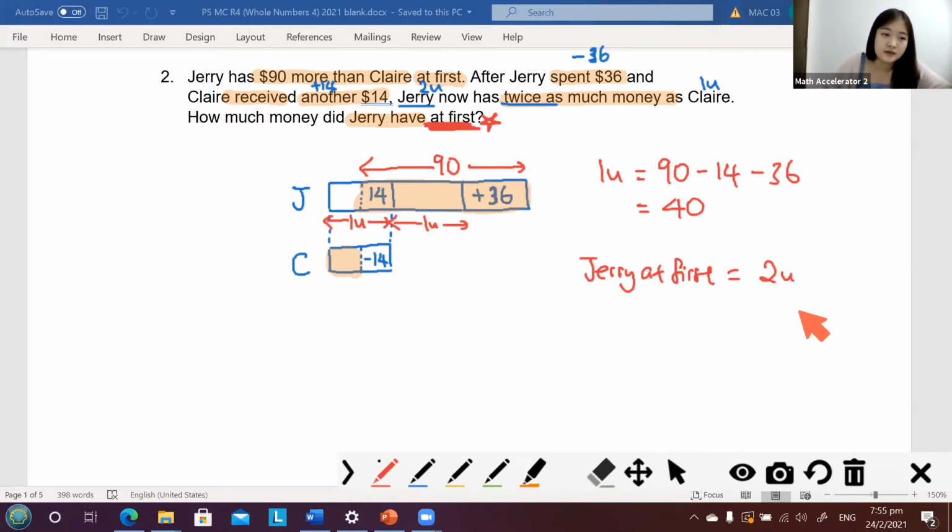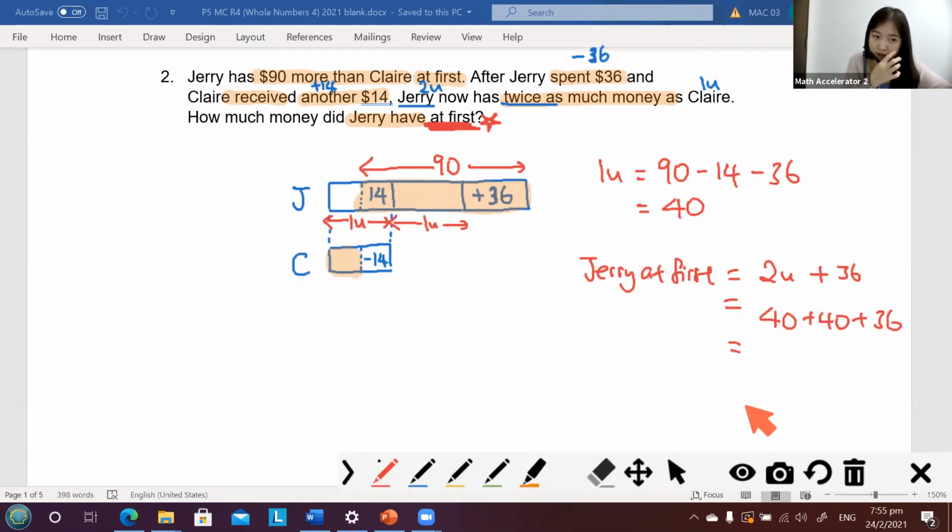Yes, you should include the 36, because at first, Jerry has not spent the 36 yet. It is still with him. So you have to include the 36. So 2 units, 40 plus 40 plus 36. That will get you your final answer.